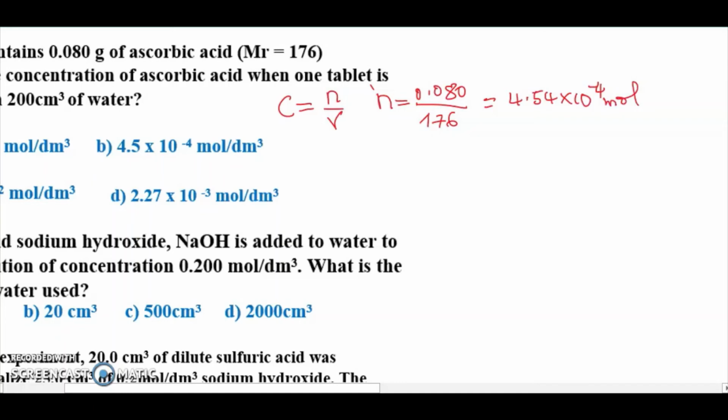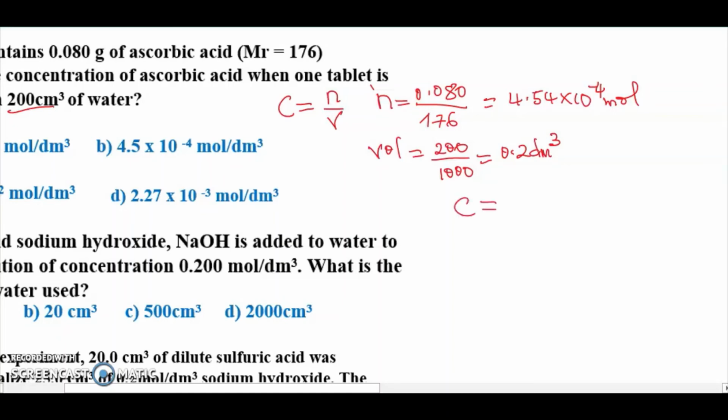Good. Do we have the volume? Sure, we do. The volume in the question is 200 cm³. So volume 200 cm³ divided by 1000 to convert it to dm³. So we have 0.2 dm³.